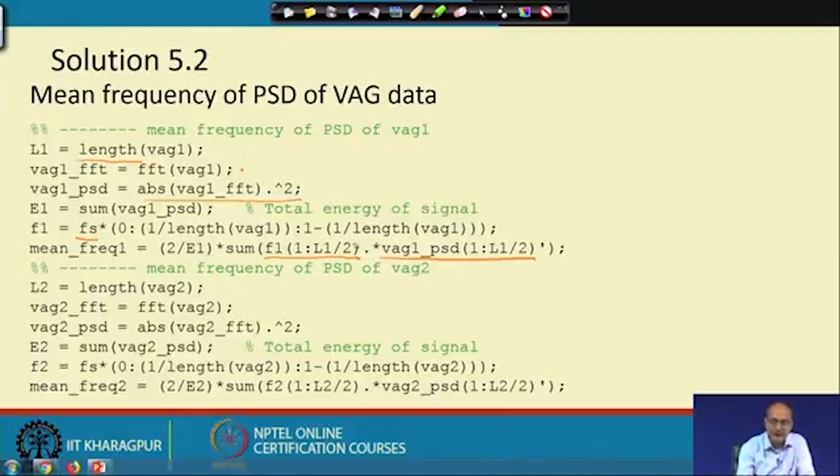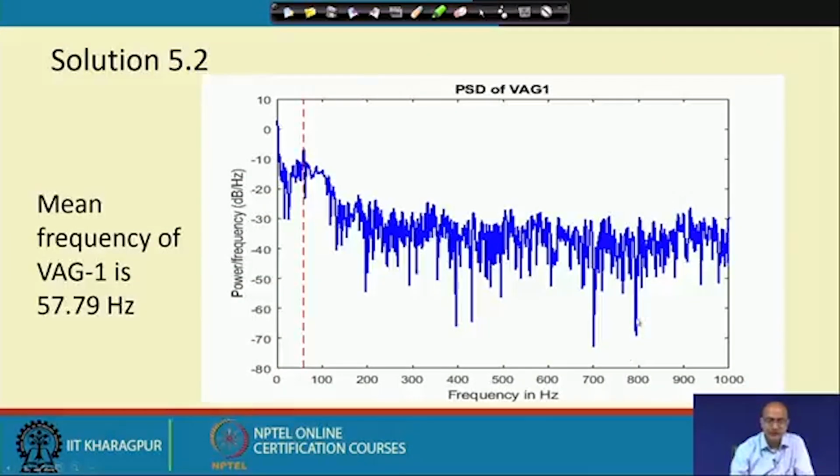And we are repeating the same exercise for VAG2 to calculate the mean frequency. Okay. So, that is the way we can get the mean frequency and we plot them for better visualization. So, here we show how it looks like.